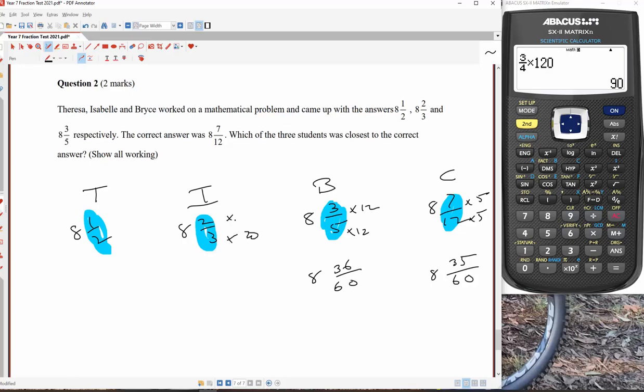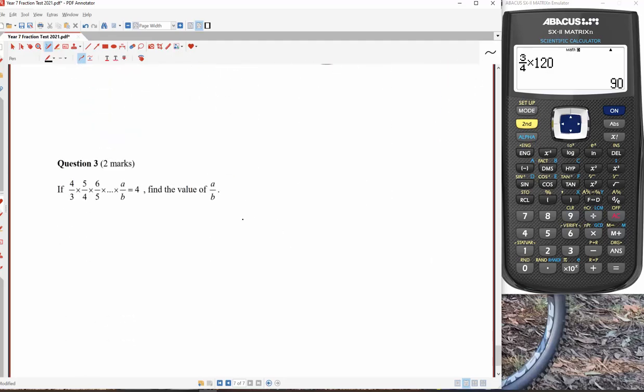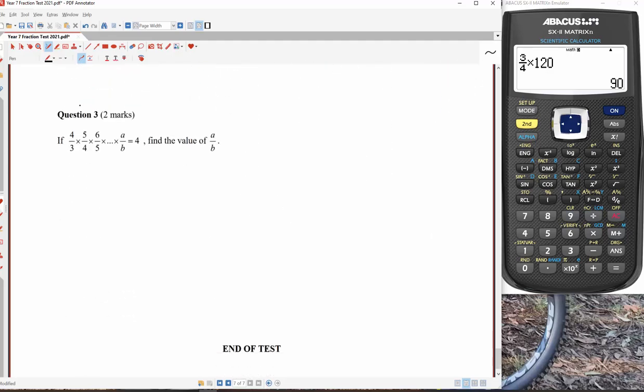This is going to be times 20 and times 20, 8 40 over 60. And this one here times by, what is it, 30? 30, 8 30 over 60. What's abundantly clear is that Bryce is the closest. Okay, he's out by 1/60. Pretty close.